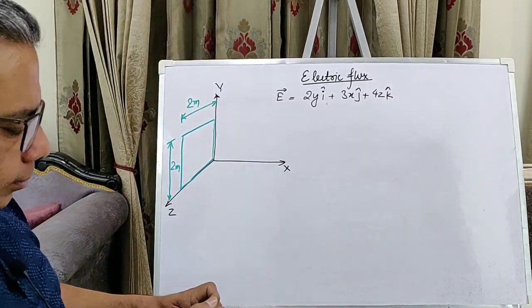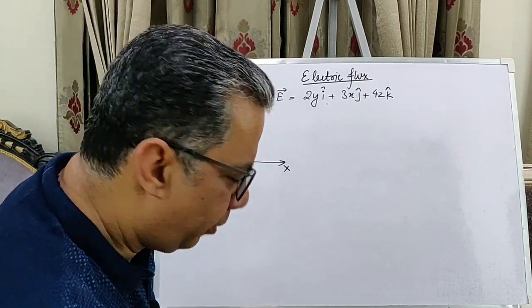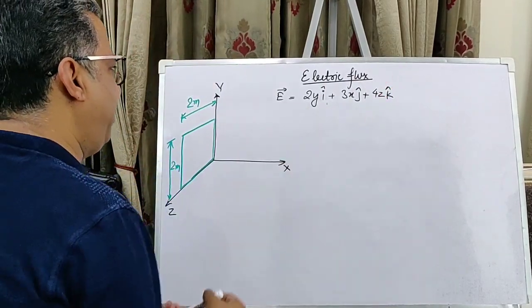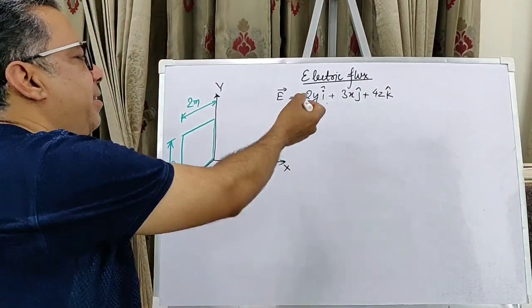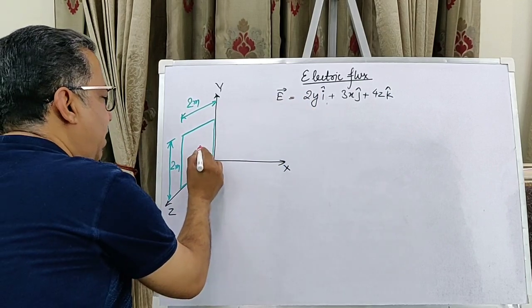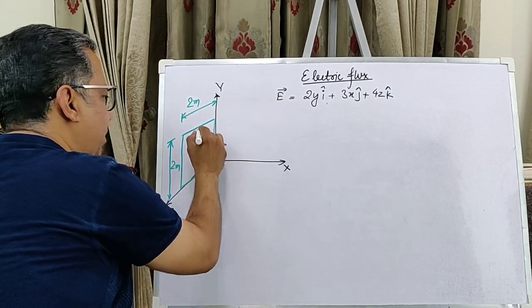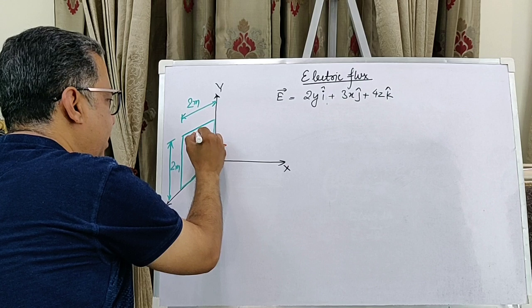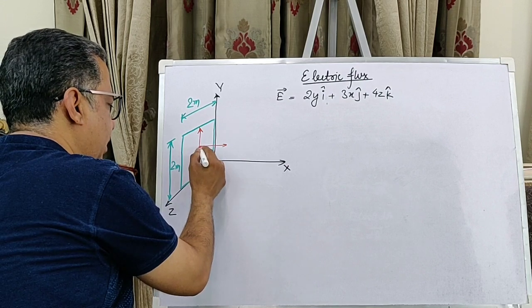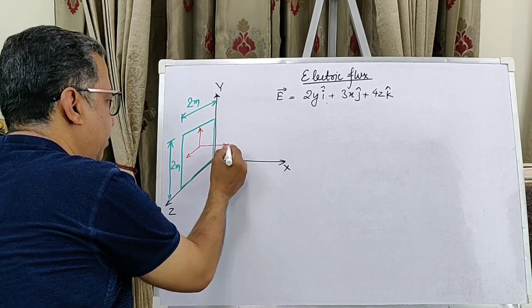Now, if we look at the components of the electric field, it has 3 components: an x component, a y component, and a z component.